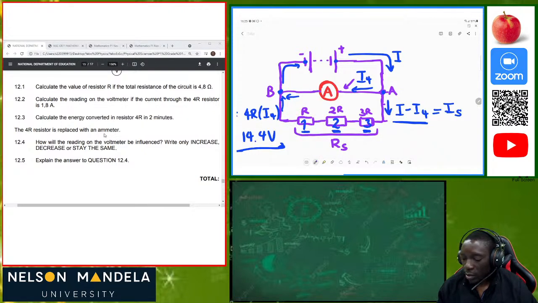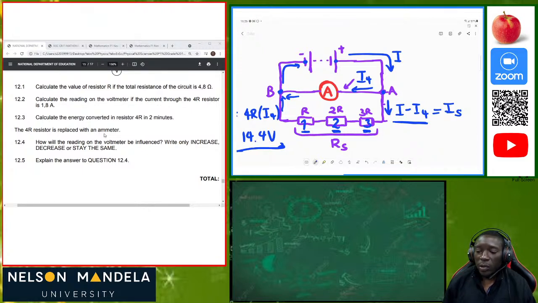What change will that bring into the system? How will the reading on the voltmeter be influenced? What would you say?